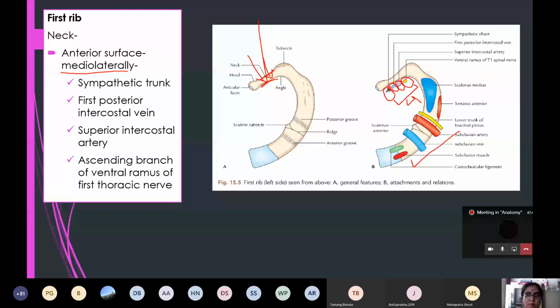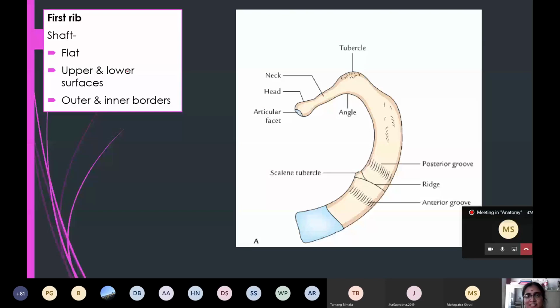Now, the posterior end is finished. Now what comes? The shaft. What is this part? The shaft of the first rib. In the case of a typical rib, the shaft is curved, but in the case of the first rib, it is flat, and it has 2 surfaces. The surface that you are seeing here in the picture is the upper surface.